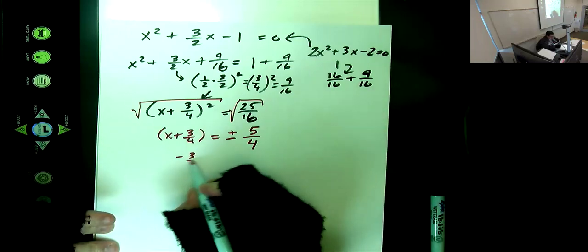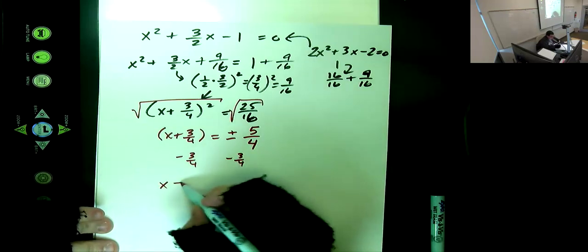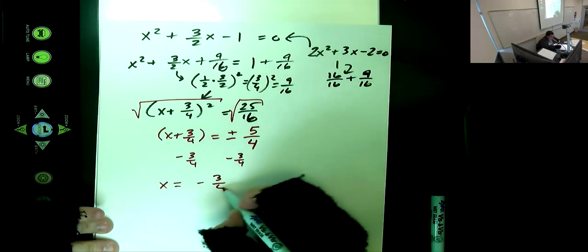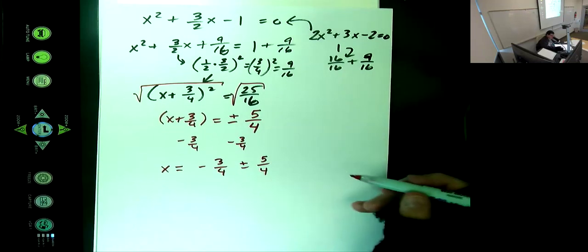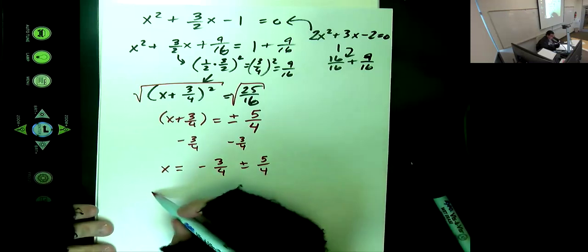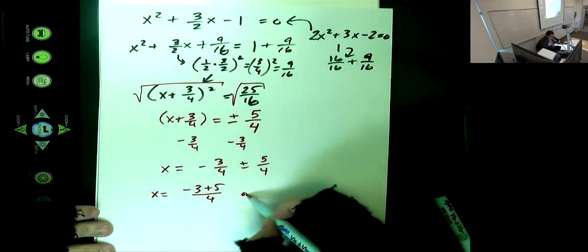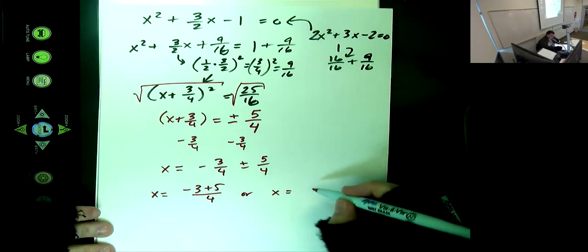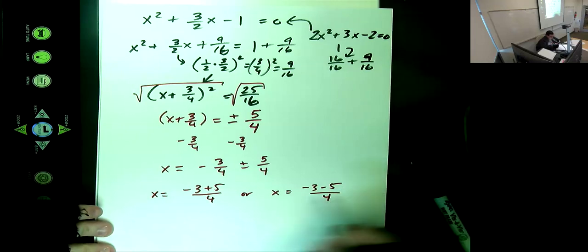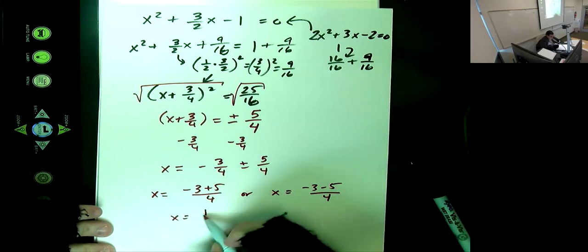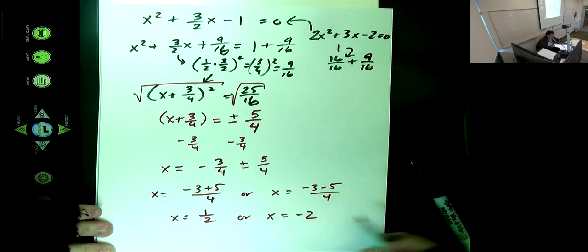So subtract 3/4 and get x equals negative 3/4 plus or minus 5/4. This one simplifies to 1/2. And this simplifies to -2.